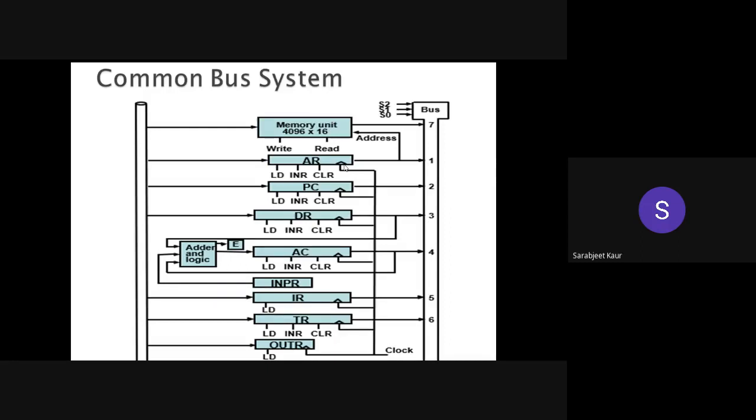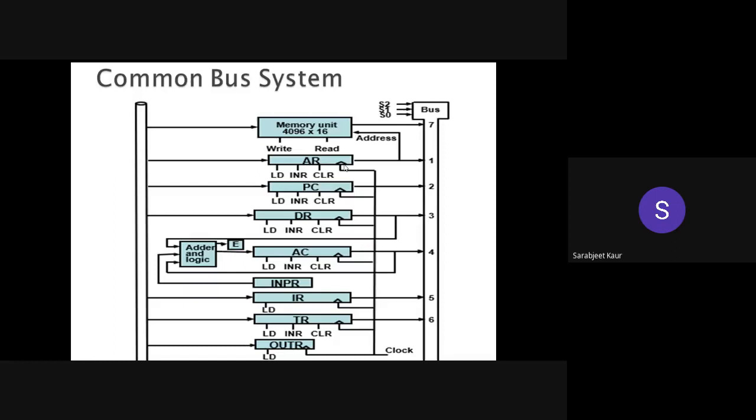Let's say this time instant is t0. Whenever an operation in this bus system is performed, it will always be performed with respect to the clock signal.